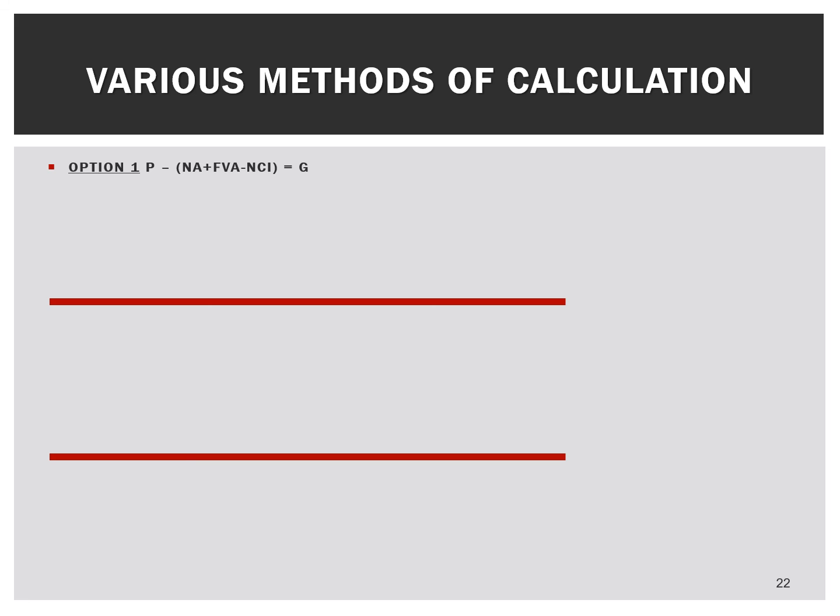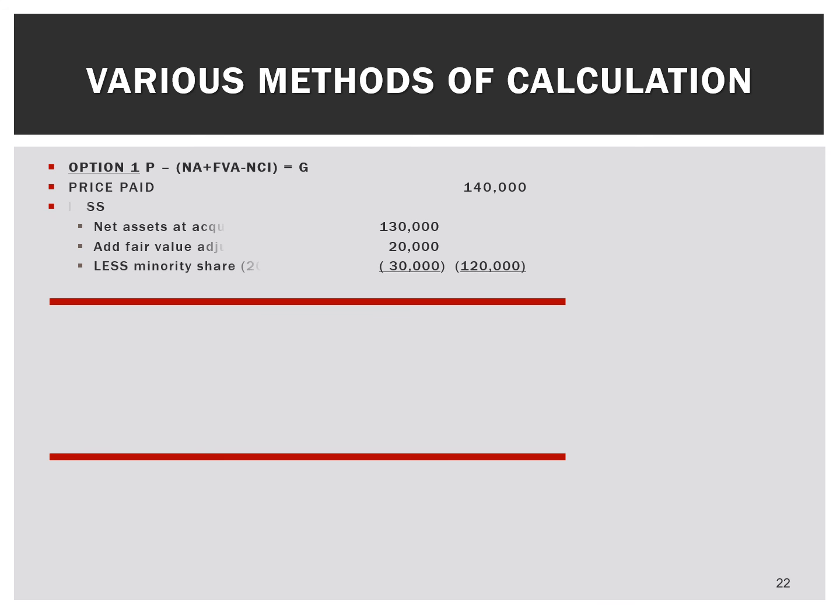So balance sheet total, net assets plus fair value adjustment minus the non-controlling interest, that gives us a figure for the net assets acquired. We compare that to the price paid, and that gives us the goodwill. So we start off with the price paid, and then we deduct from that the share of the company that we've acquired, and that gives us a goodwill figure of 20,000.